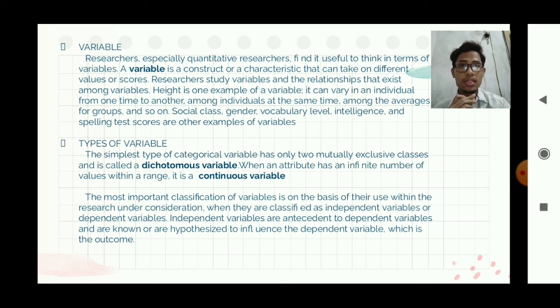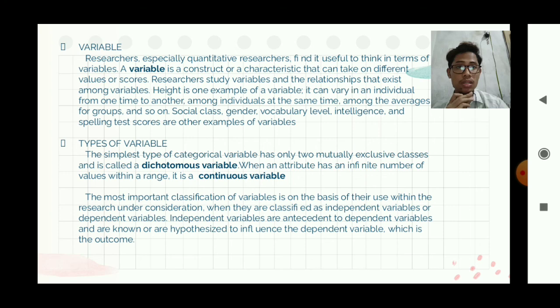And variables have types. The simplest type is a categorical variable that has two mutually exclusive classes, and it's called a dichotomous variable. When an attribute has an infinite number of values within a range, it is called a continuous variable.